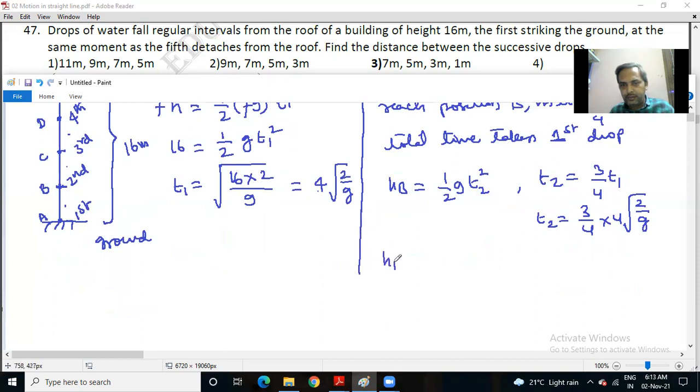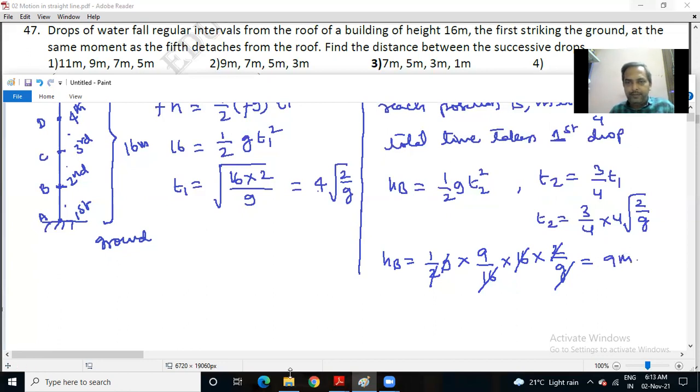HB is equal to half g T2 square. T2 square means this will be 9, this will be 16, again this will be 16. The root gets cancelled, you will get 2 by g. You will have to cancel 16, 16, and cancel this g and this 2 also. Therefore, from the top, the distance of the second drop to reach point B is 9 meters.